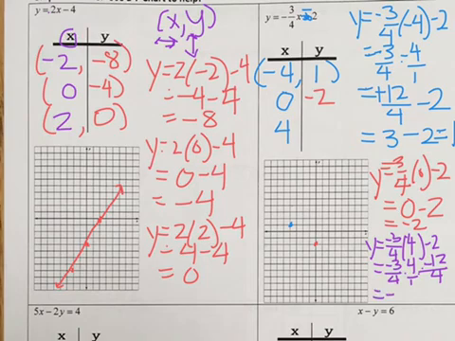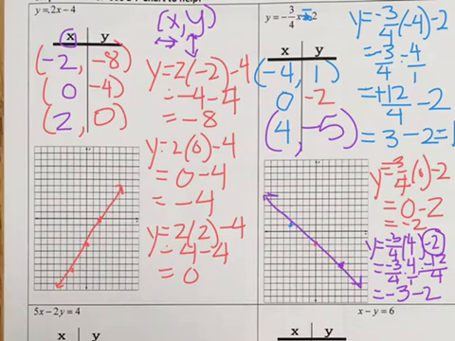So we have the answer of negative 3, and then we bring down this negative 2 or minus 2. Our answer becomes negative 5. So that's our next coordinate that we plot. We go to the right 4 and go down to 5. When we do that, we see that we have a straight line that we draw and connect the dots.